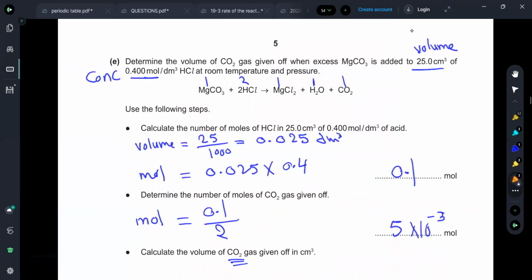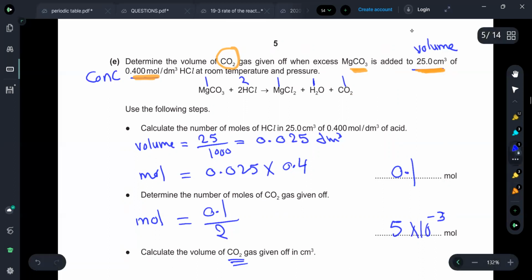Now, a question about moles. Determine the volume of carbon dioxide gas given off when excess magnesium carbonate is added to 25 cm3 of acid, which is 0.4 concentration HCl, at room temperature and pressure. First of all, write above the equation the molar ratio from the balanced equation. So magnesium carbonate to HCl is 1:2, magnesium chloride 1, water 1 and carbon dioxide 1.